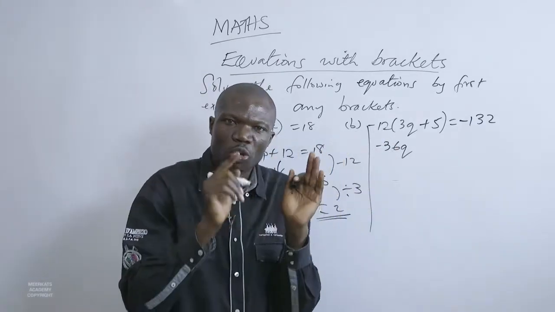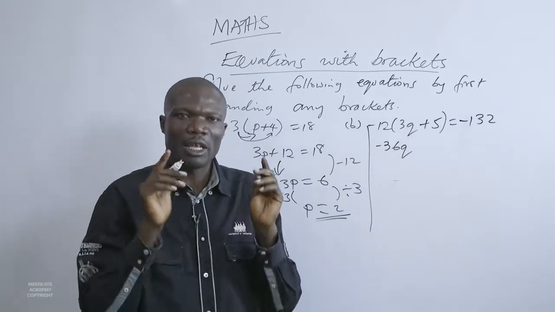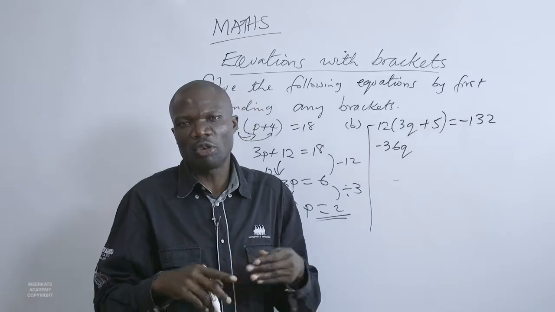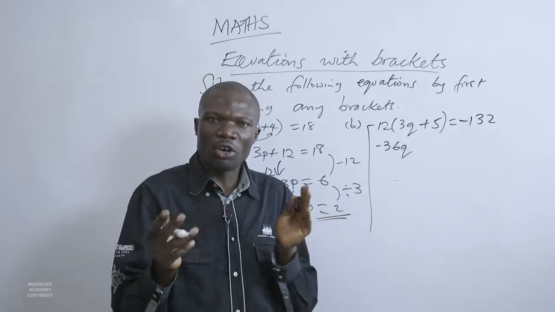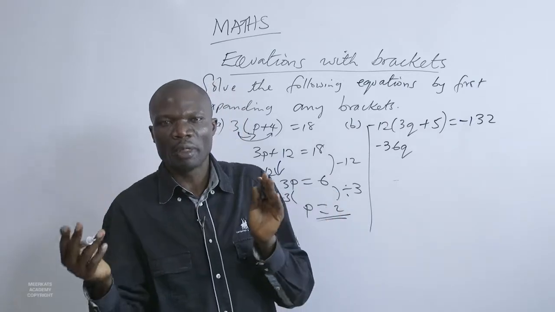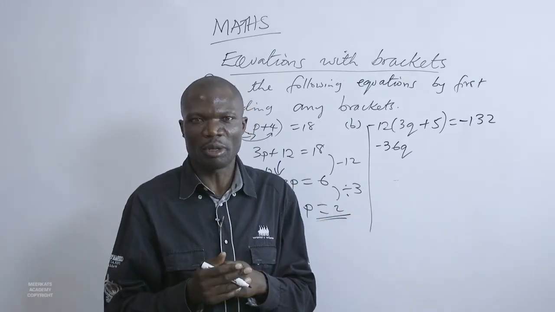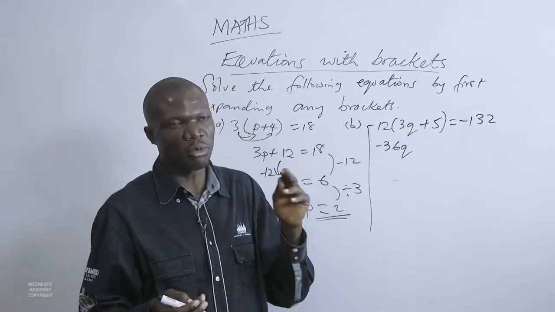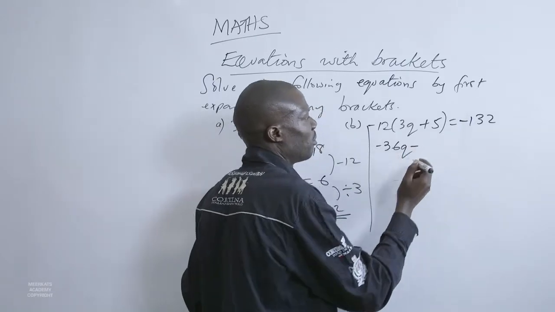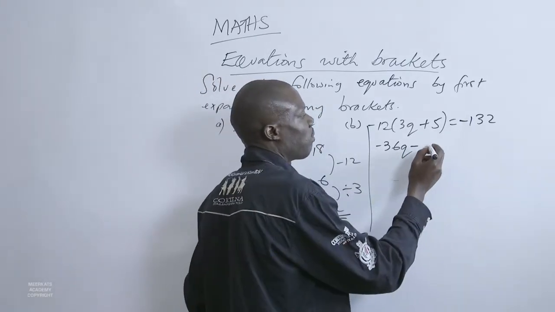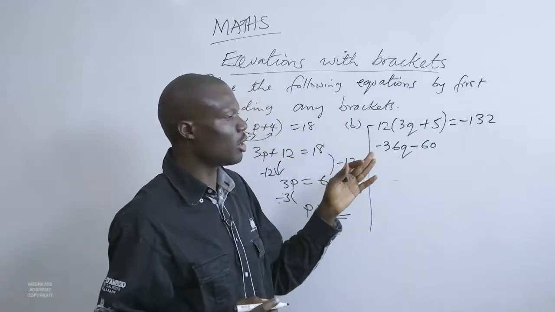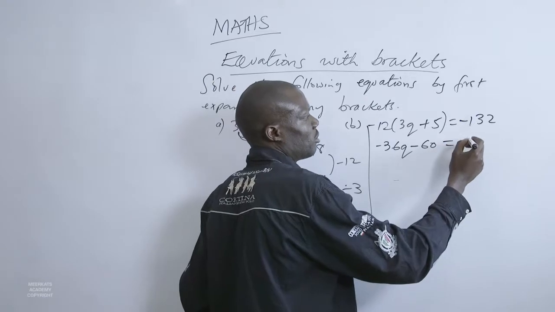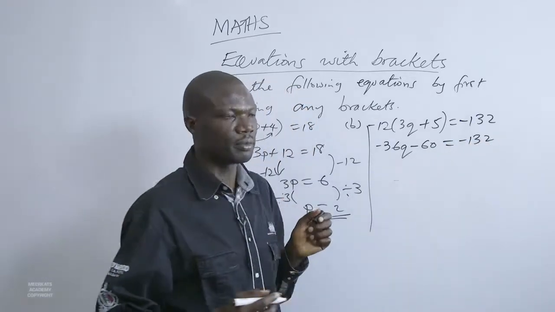Then minus 12 multiplied by positive 5. In integers, while multiplying, a positive and a negative will always give us a negative. The product of any two opposite signs will give us negative. So minus 12 times 5, the product will give us a minus. 12 times 5 is 60, so that is minus 60. And it equals minus 132.